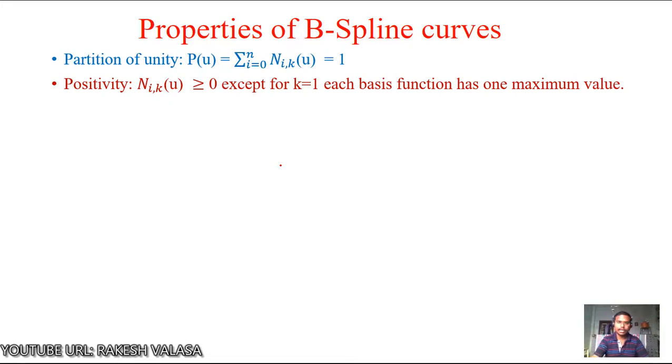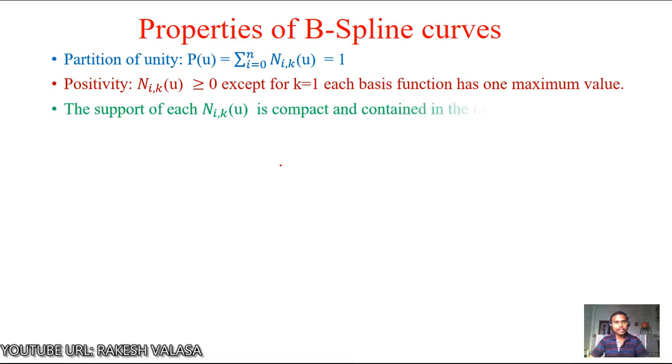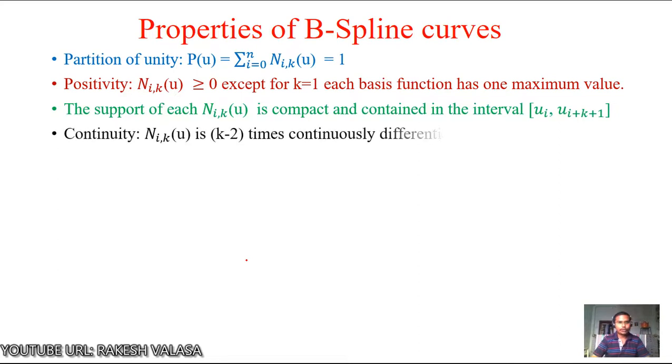Let us see the third property. The support of each basis function, that means N i,k of u, is compact and contained in the interval u i to u i plus k plus 1. The next property is continuity.